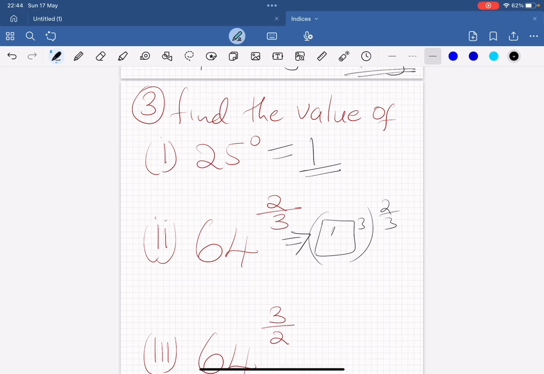We all know that it's 4. If you are familiar with your cube numbers, this should not be much of a sweat. Now, after that, we all know that the 3 is going to cancel the 3. So you would be left with 4 squared. And then 4 squared is basically 16.